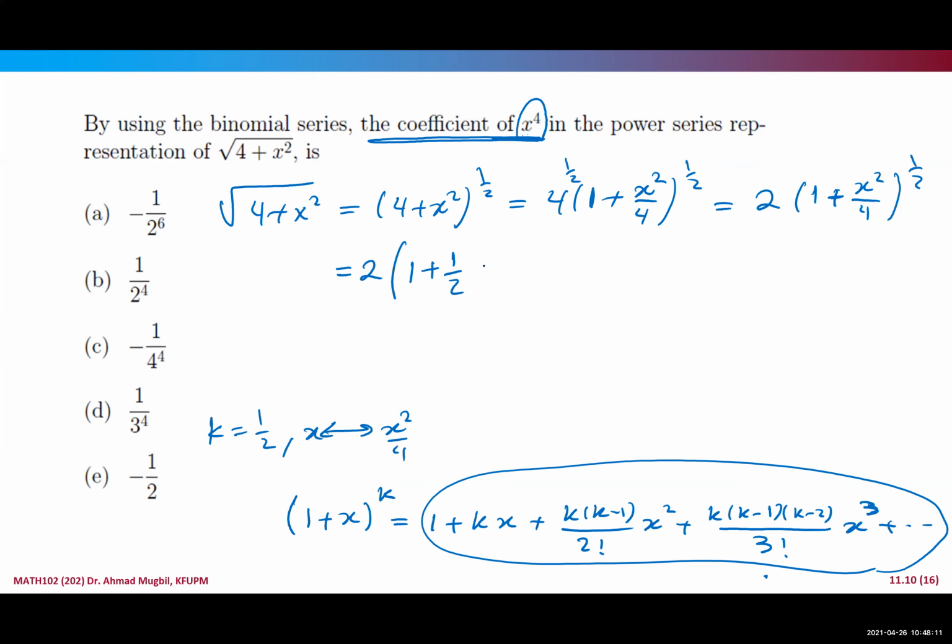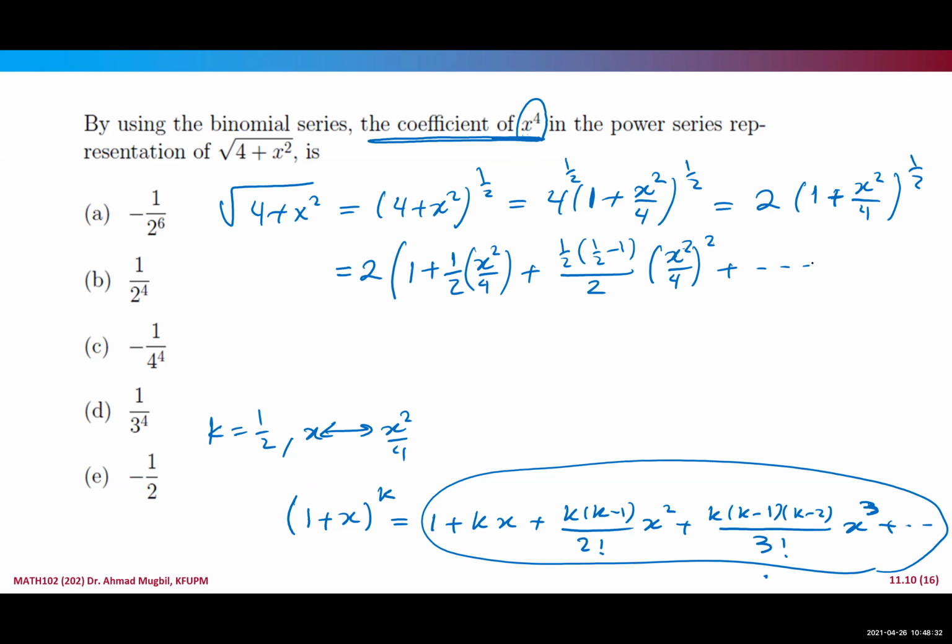So this will be k times x squared over 4 plus k, which is a half, multiplied by a half minus 1, over 2 factorial, which is 2. X, replace x by what? By x squared over 4, all to the power 2. Khalas, this is what we want, ya shabab.